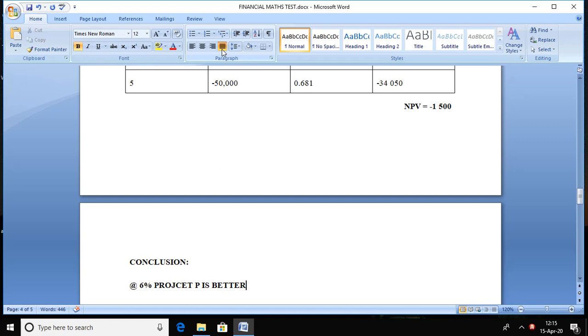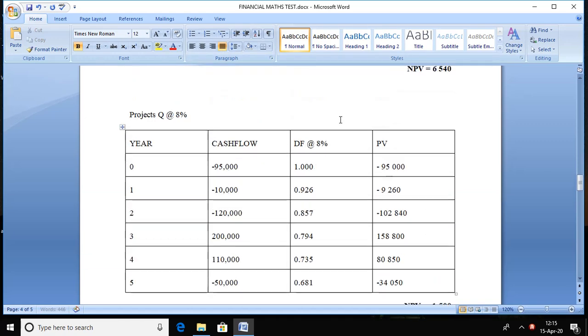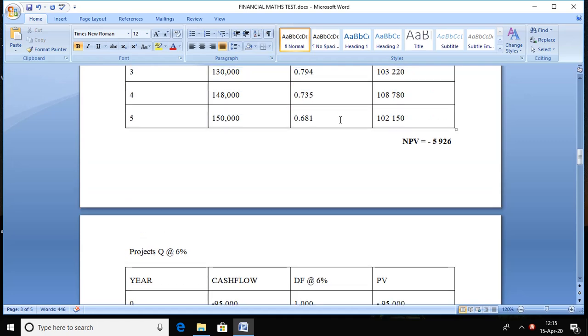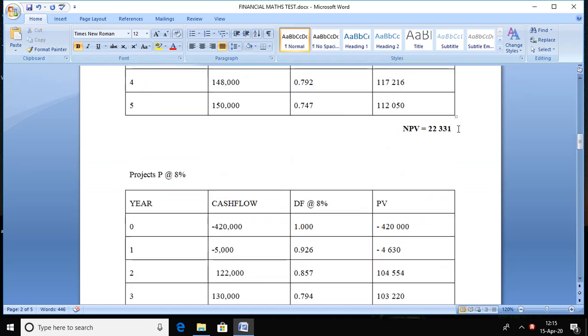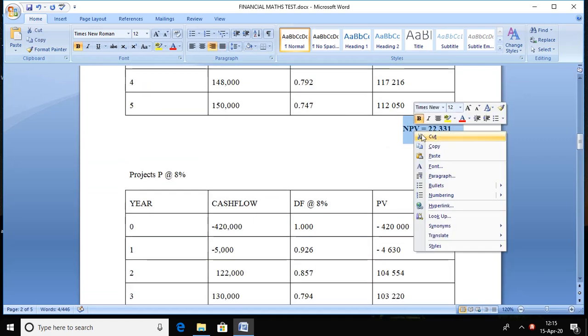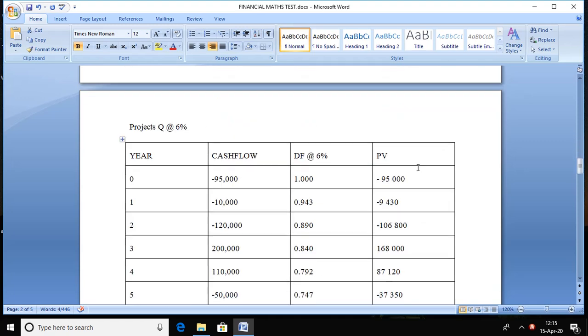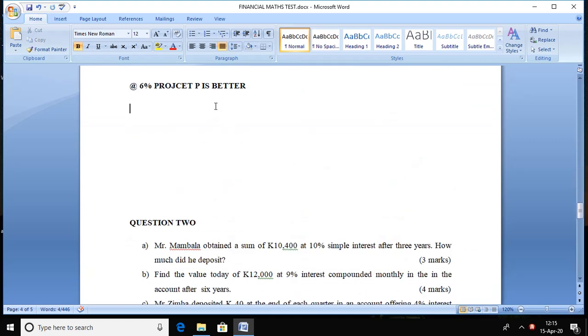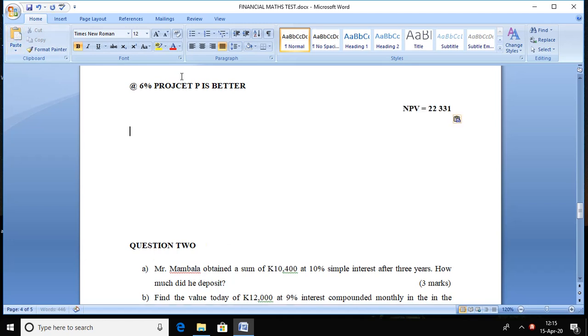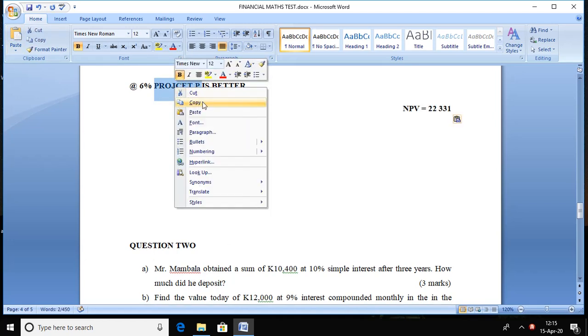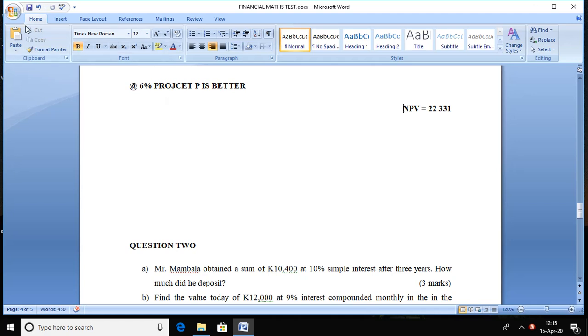Why do we say better? It's because project P is yielding a net PV of 22,310 at 6%.